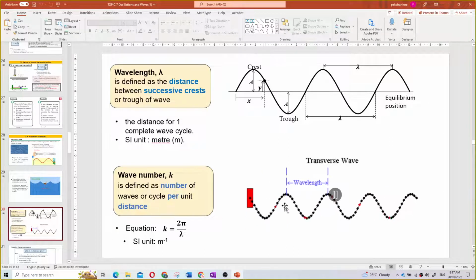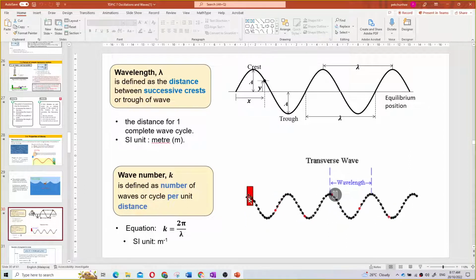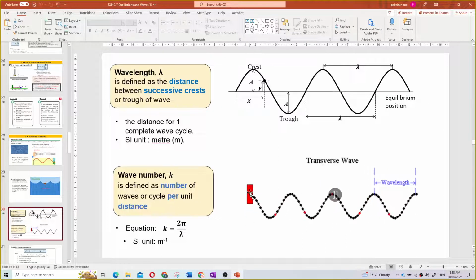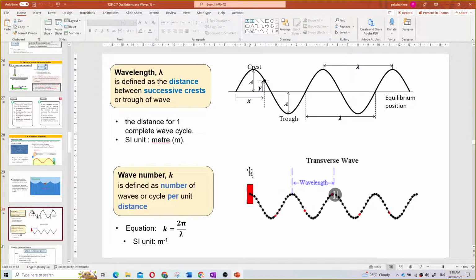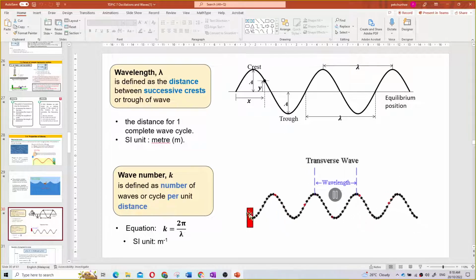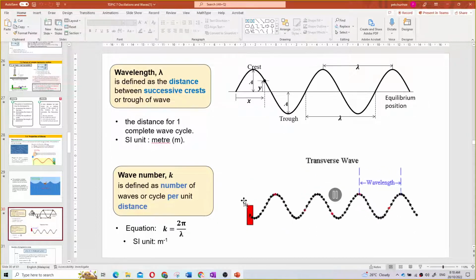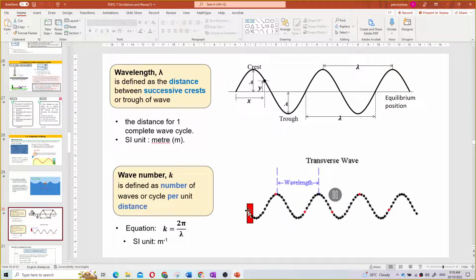This particle is at the disturbance. This block is the disturbance that makes the water start to ripple, disturbing the water and then starting to have ripples going out from the point of disturbance. So the first particle is at the block.